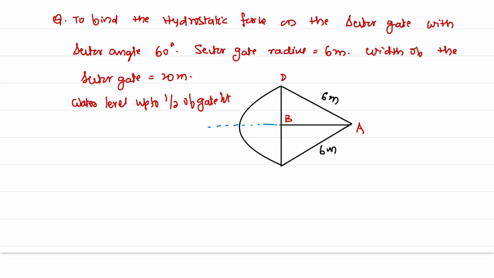This is D, this is C, and this is 6 meters. The sector angle is 60 degrees, that means half of the angle is 30. 2 theta is the sector angle, 2 theta is equal to 60 degrees, that implies theta is equal to 30 degrees. This is the point O. This is the water line.